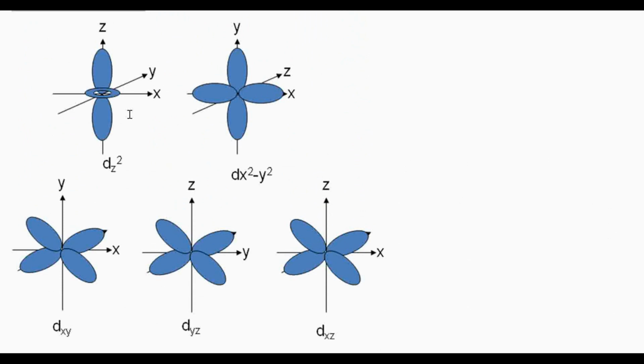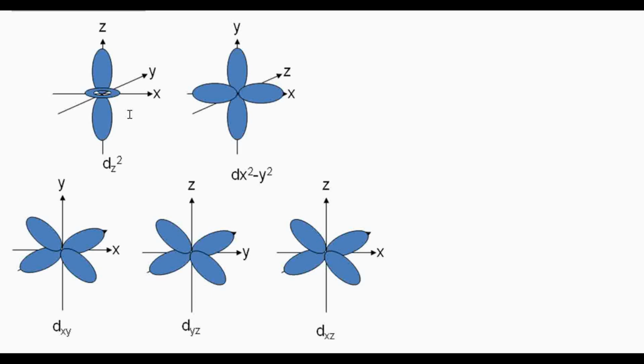So in order to understand the crystal field theory, first of all, imagine a Cartesian coordinate system, 0, 0, 0, x, y, z. The origin is 0, 0, 0.